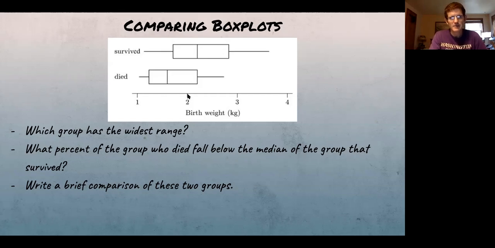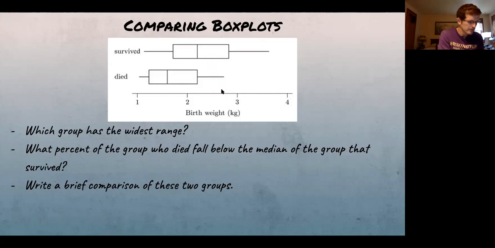But we would want to maybe, there's really only two things we can talk about, maybe three. We cannot talk about the distribution shape. We don't know. We can talk about the spread. We can compare the interquartile ranges.